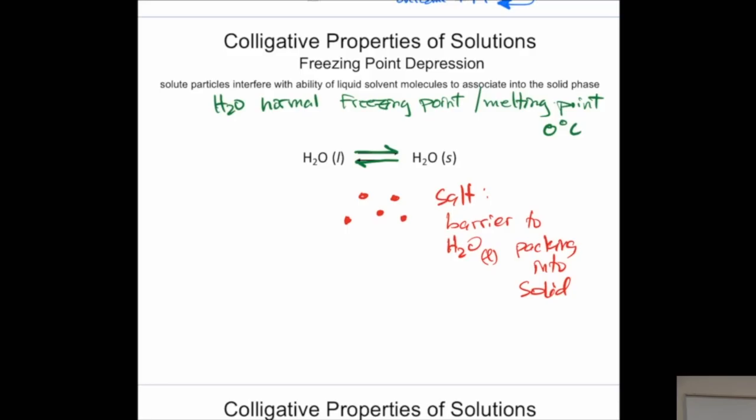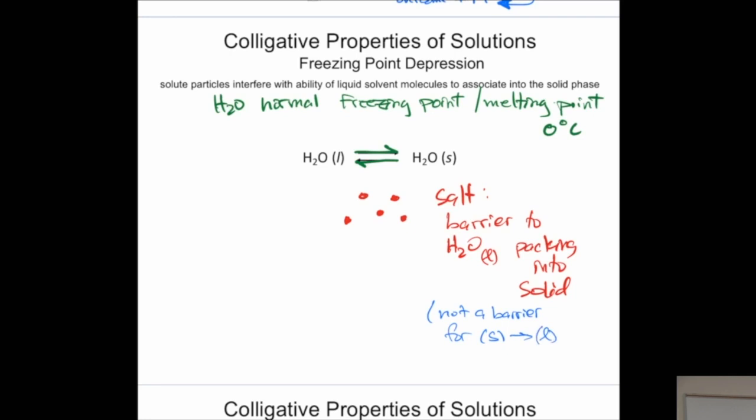It's got to pack in there. Now it doesn't create a barrier for the solid to melt back into liquid. So this goes just fine. So solid goes back into liquid the way it normally does.